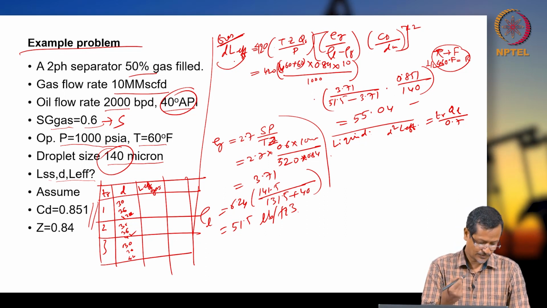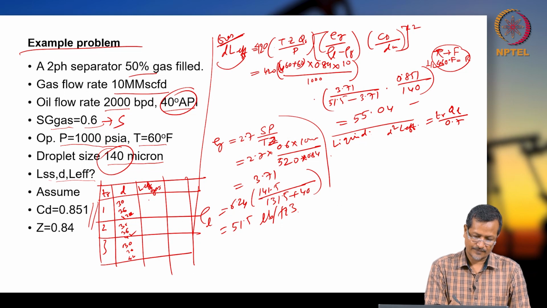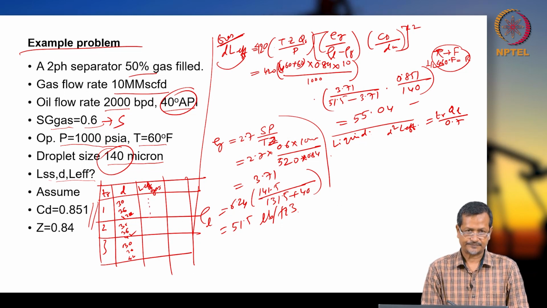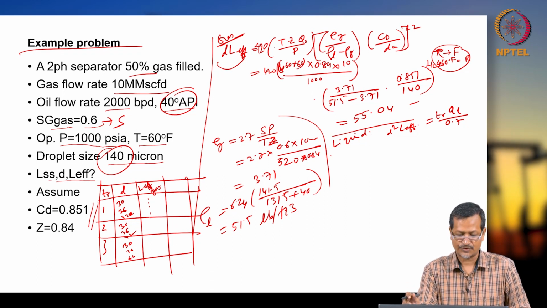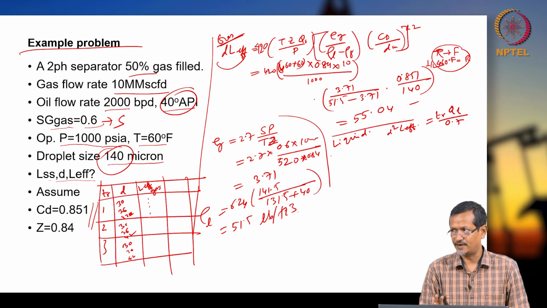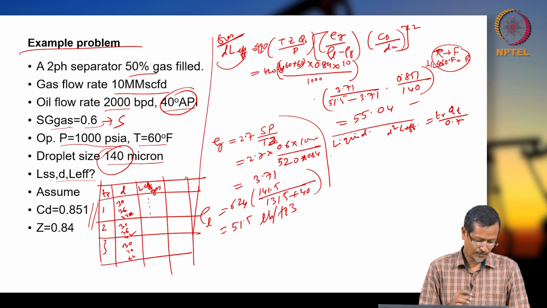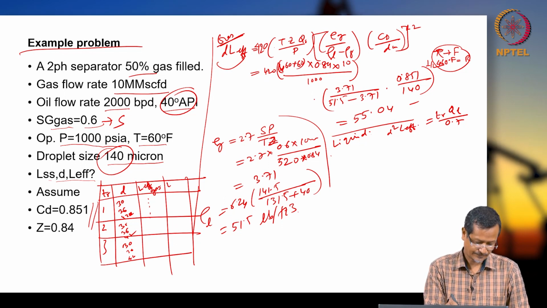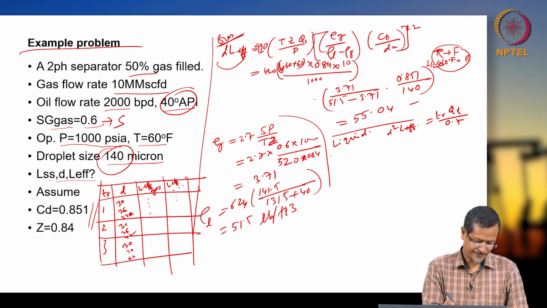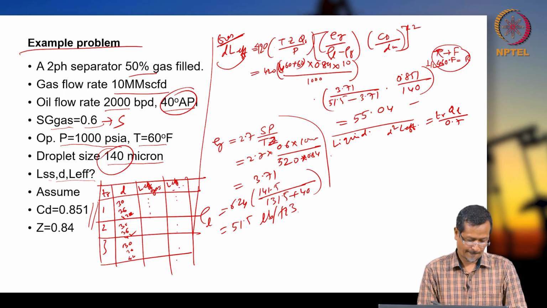Okay, so then you fill the table for 1 minute, 2 minutes, 3 minutes. For gas capacity the T term is not there, so you can directly calculate and fill LEFF. Now from liquid capacity you can calculate LEFF.